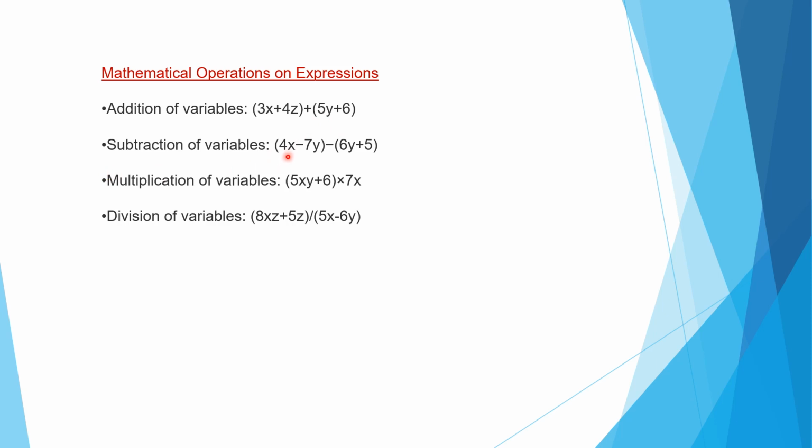Subtraction of variables means this one term, this is another term, it is going to subtract. Multiplication, two terms are going to multiply. And division of variables: 8xz plus 5z divided by 5x minus 6y. These are some examples of how to do mathematical operations on expressions. Further you will come to know when we solve the exercises.